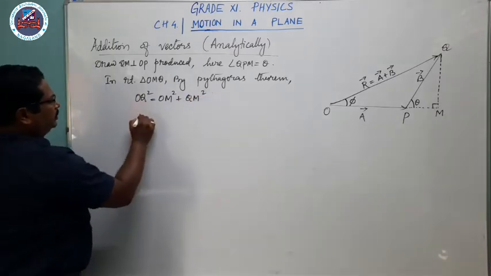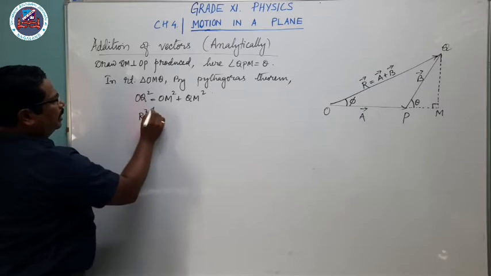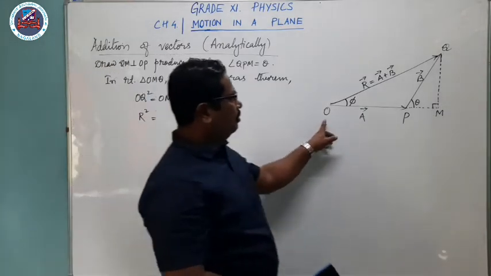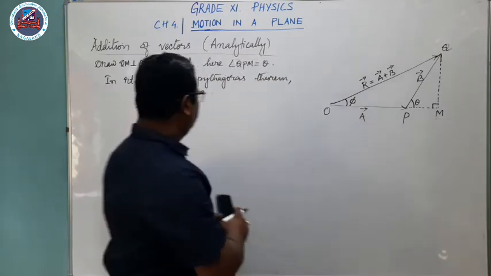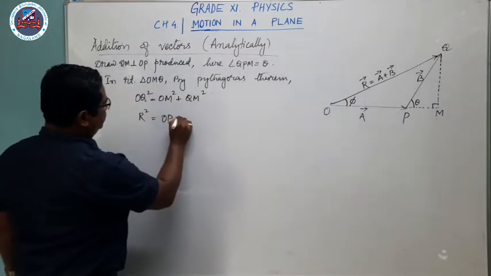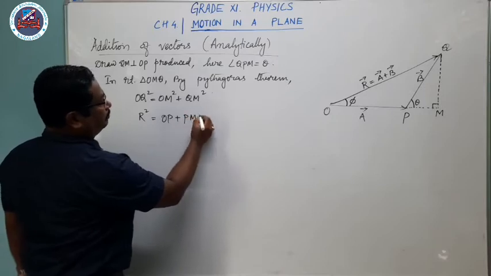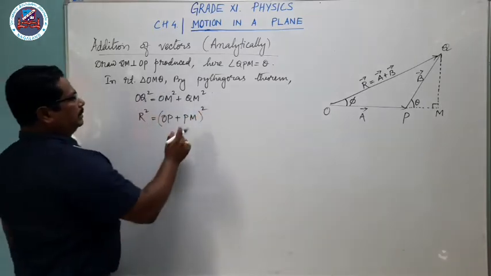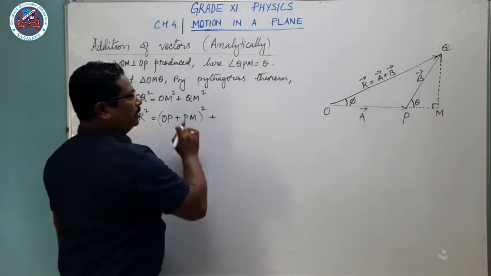OQ square will give you the resultant R square. OM, you can see here, is the sum of OP plus PM, the whole square, and this is QM square.